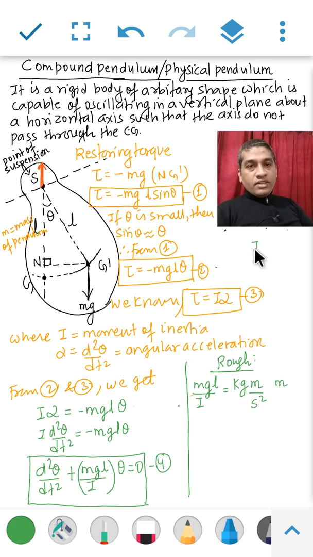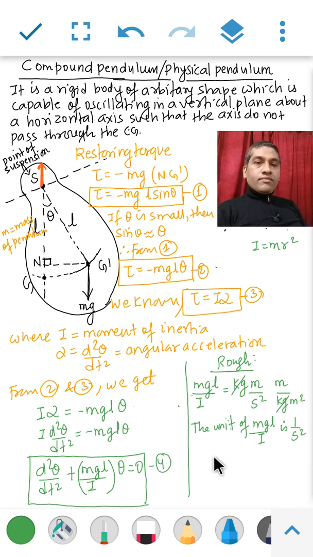And I is moment of inertia, which is mass times the square of the distance, so the unit of I is kg meter square. So kg cancels out, and meter square cancels out. So the unit of mgl by I is 1 by second square.